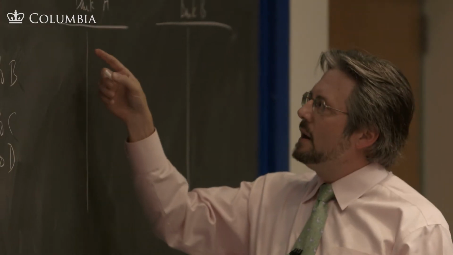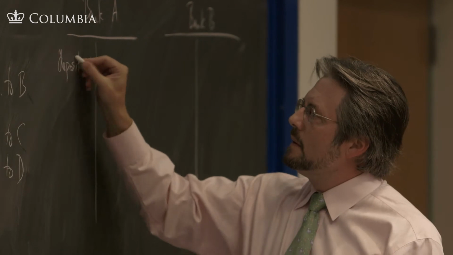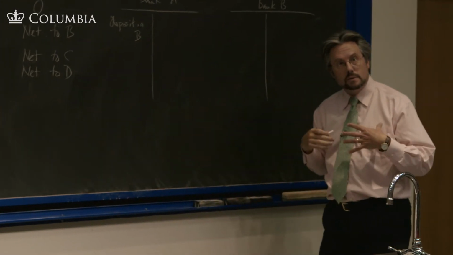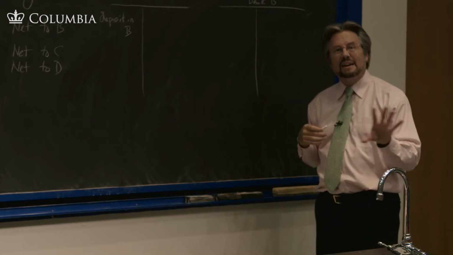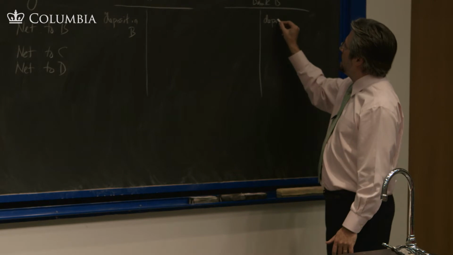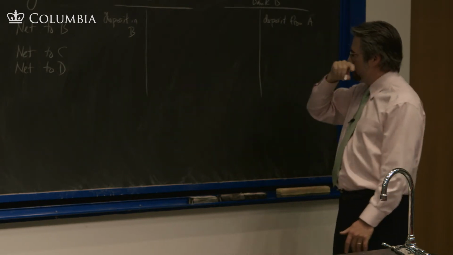Bank A could say, well, let me just put a deposit in B, in my own name, not some customer, banker's balances. Okay? And so that's a liability of Bank B. Deposit from A, to be clear what that is.